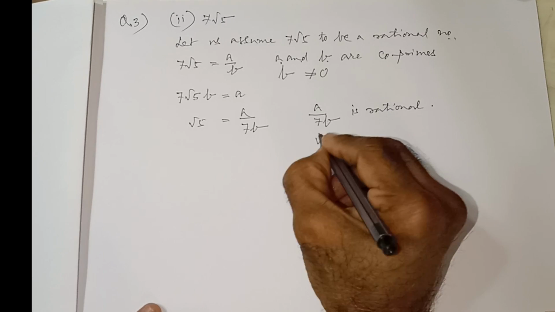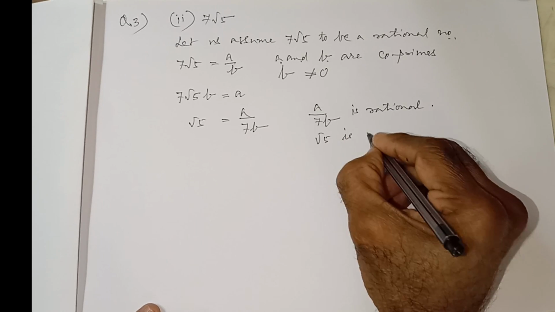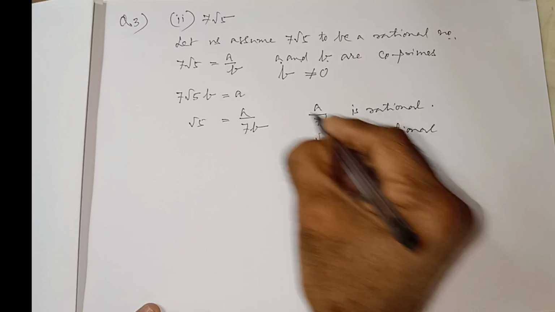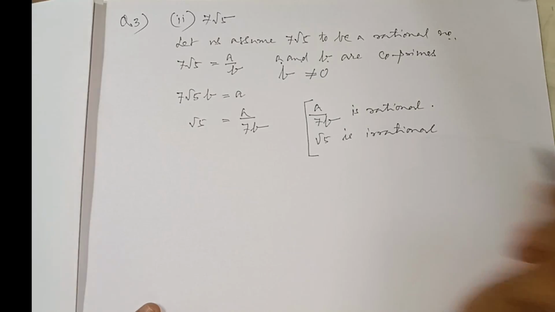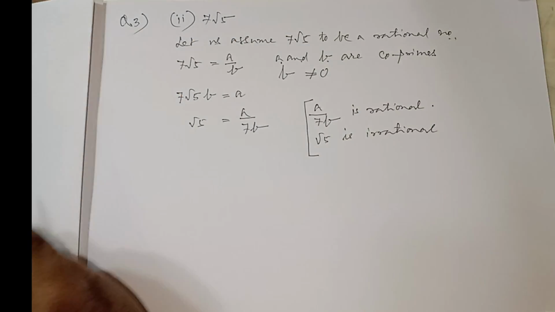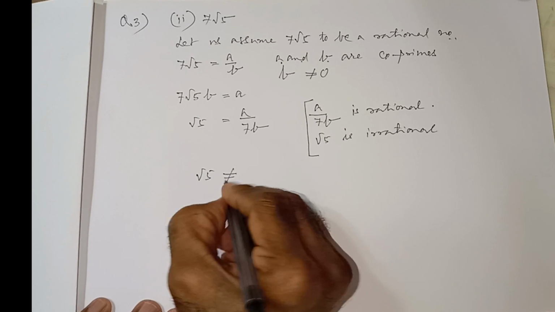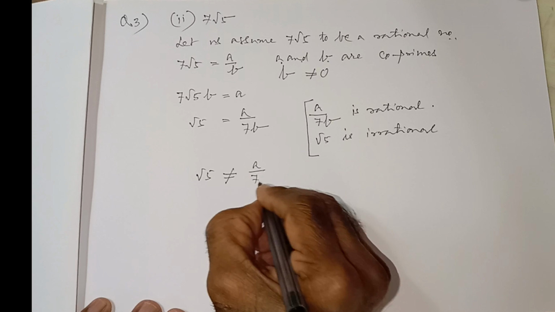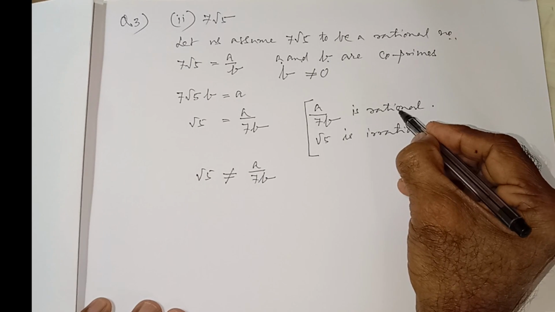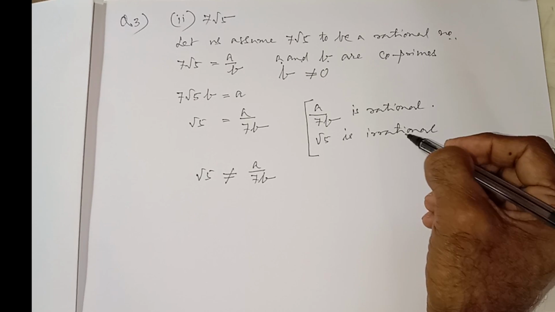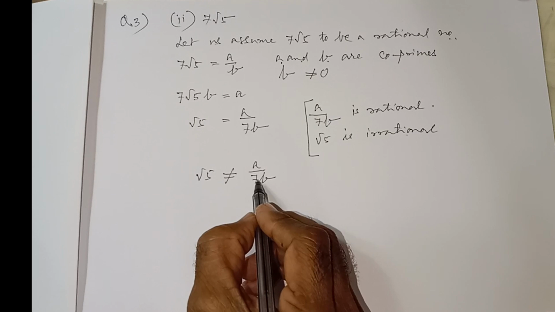We also know root 5 is irrational, which is proved. With this, we can find that the given number is irrational. How? Root 5 can never be equal to a by 7b because a rational number can never be equal to an irrational number. This is one very good condition to disprove this.